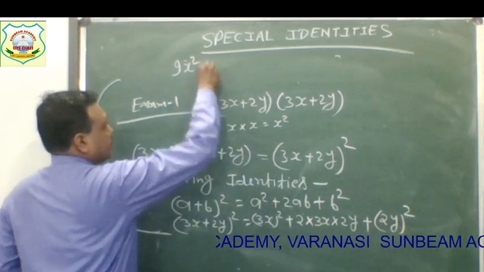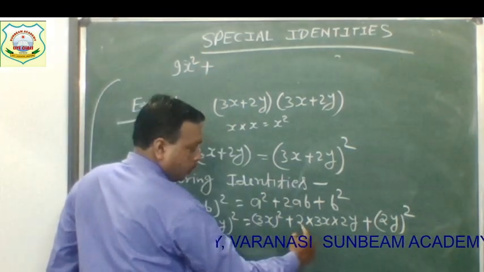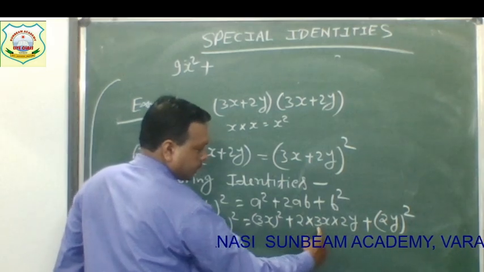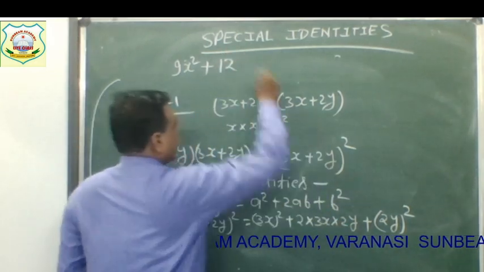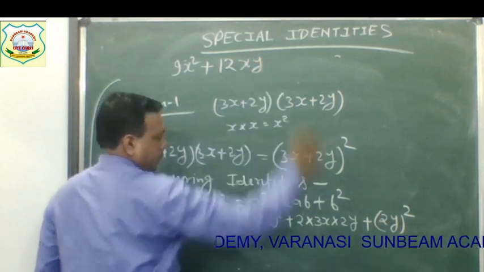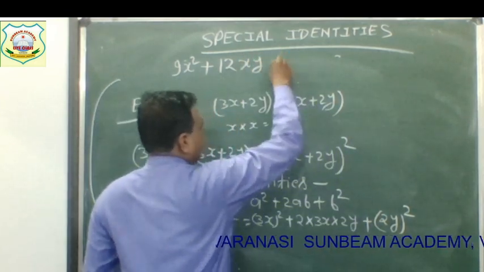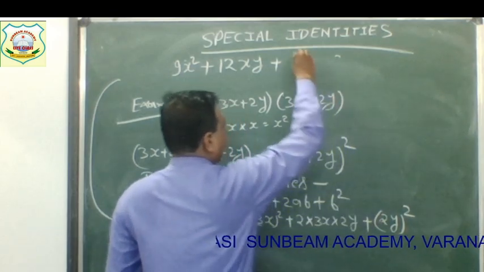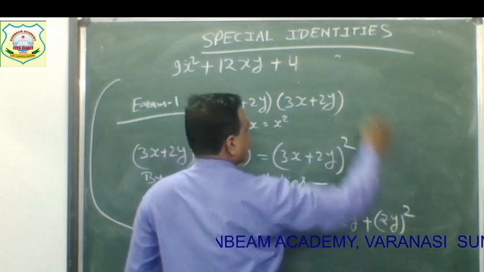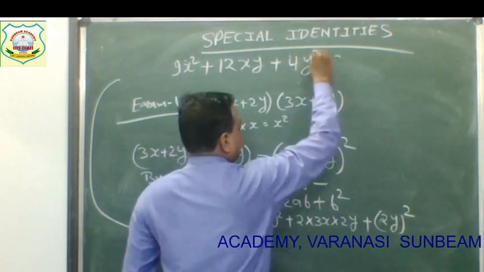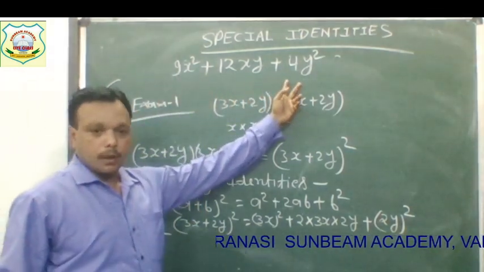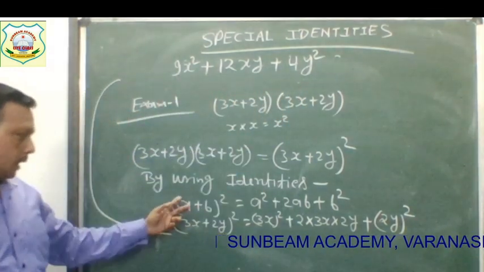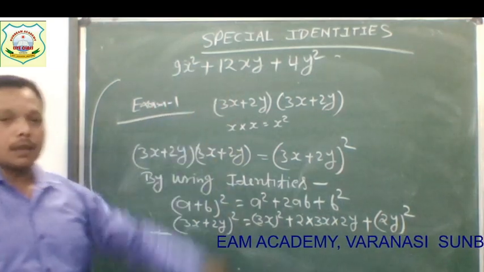Plus 2 times 3 is only numerical multiplication. 2 times 3 is 6, 6 times 2 is 12. 12 x into y, that is xy. Plus (2y) whole square means 2 square, that is 4, and y into y, that is y square. So 9x square plus 12xy plus 4y square. It's so easy. In only 2 or 3 steps we have got the answer.